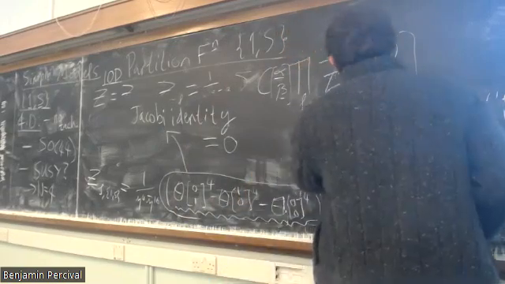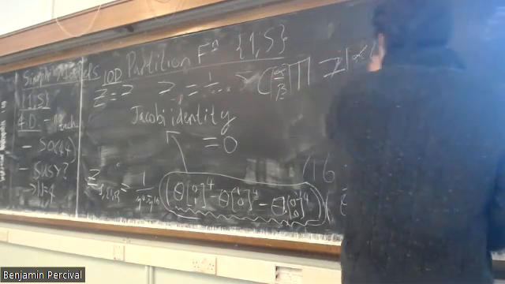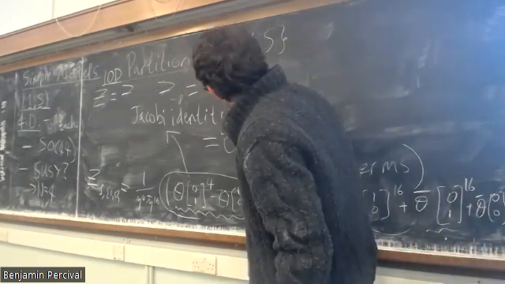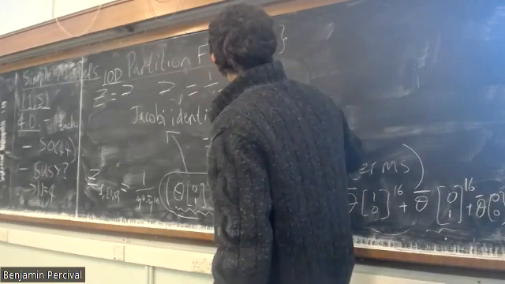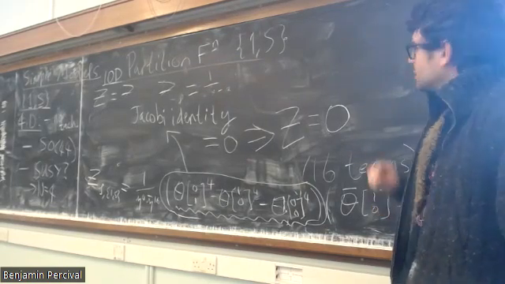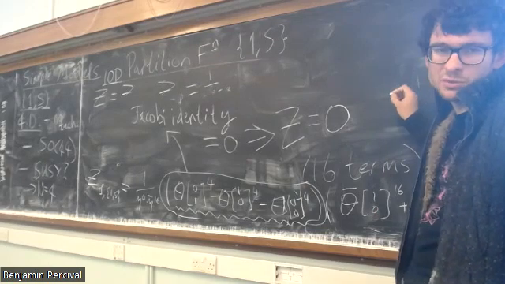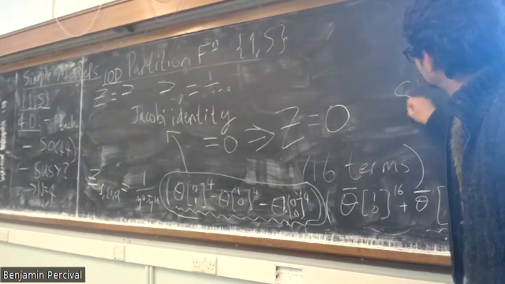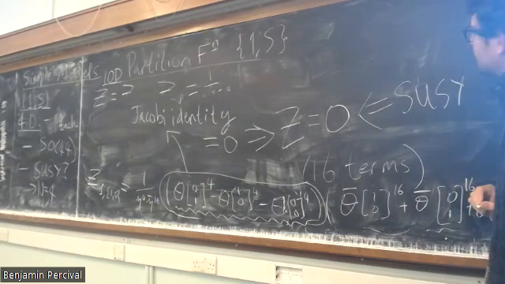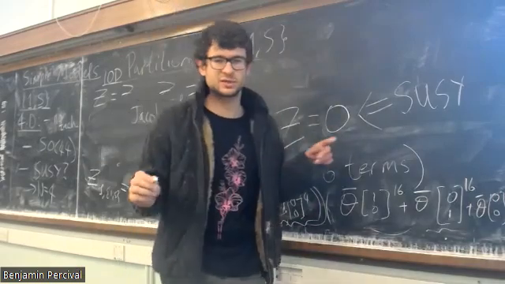Okay, and that's important because that means that the partition function for the 1s model is 0, and actually we knew this is what we should have gotten because the model has supersymmetry. So you can connect all these things together.